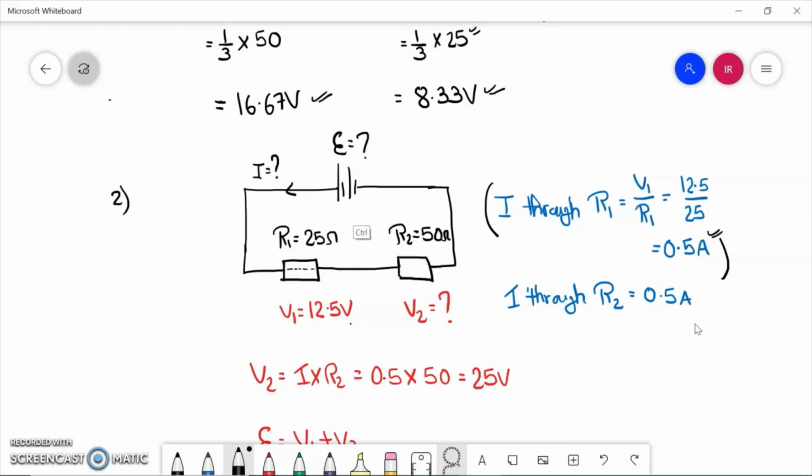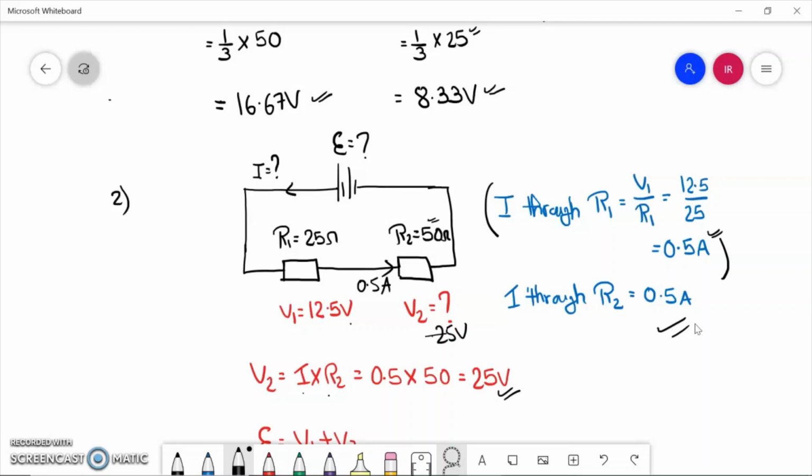So if I can find the current through R1, I can also find the current through R2, because it's the same current in a series circuit. In all places we have the same current. Now if you have to find the value of V2, you can do it easily. You know the current flowing through R2 is 0.5 ampere and you know the resistance of R2 is 50. So V equals I into R, and you get the voltage to be 25 volt.